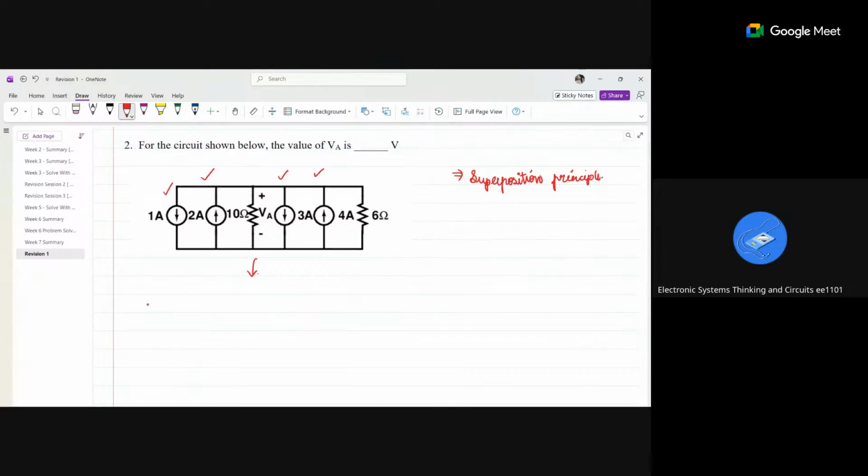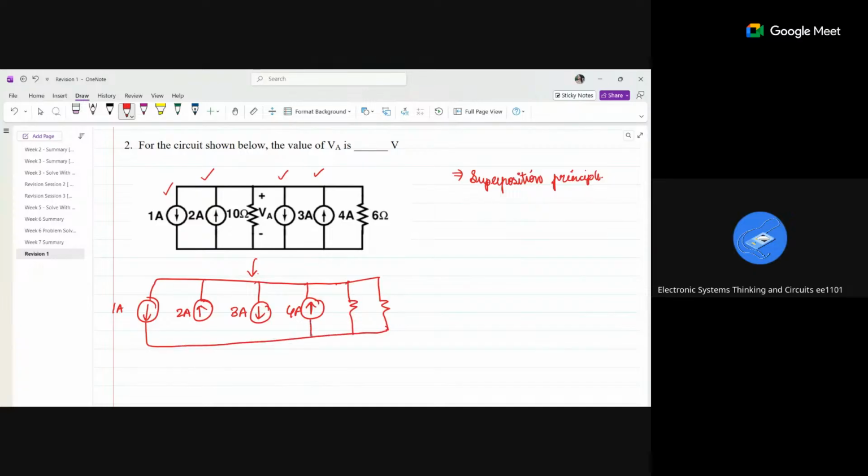I will redraw this as, so there is a 1 ampere, 2 ampere going upward, 3 ampere coming down, 4 ampere going up. And there are two resistors in parallel. Now these both are the same circuits, right? Yes, ma'am.